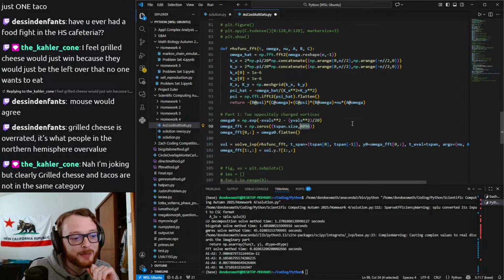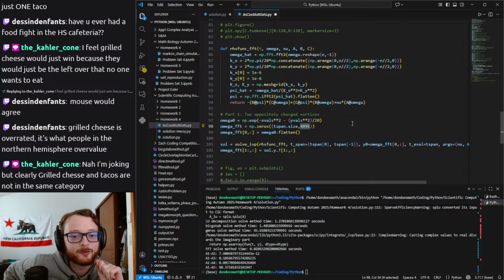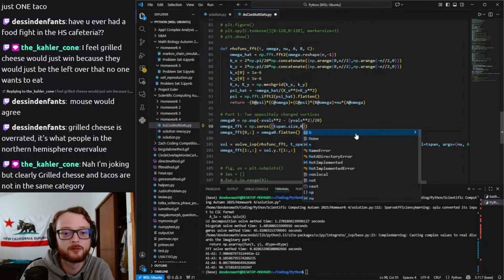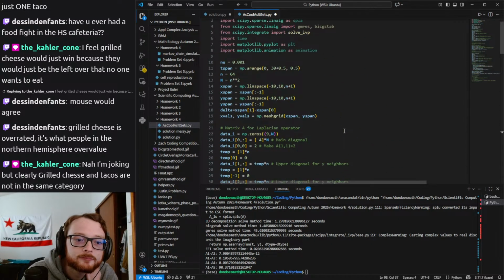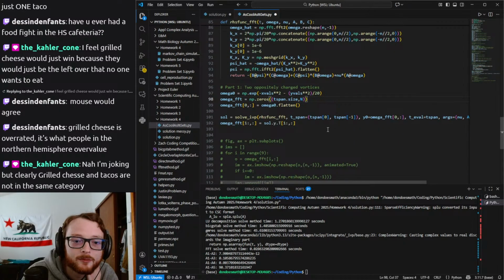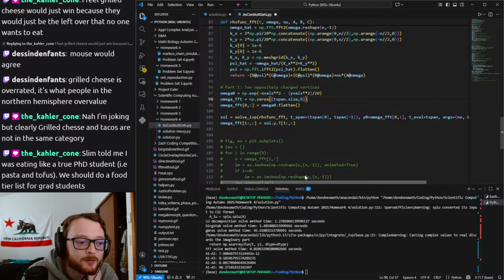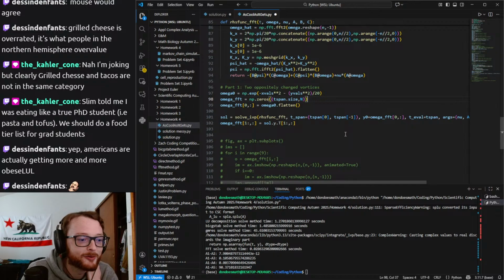Well, you know, if people claim that hot dogs are sandwiches, I think by the same logic, tacos could be sandwiches. If you feel that hot dogs are sandwiches. Sometimes I was eating like a true PhD student, pasta and tofu.